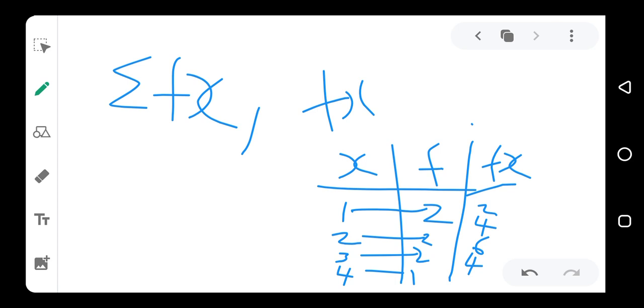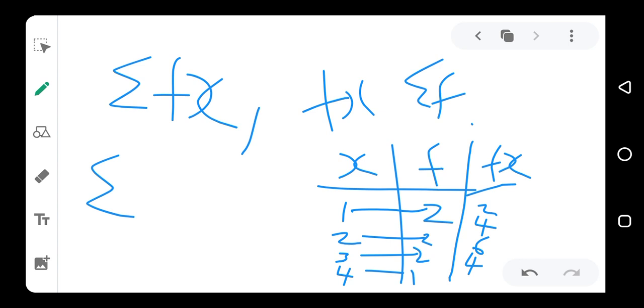Now to get sigma fx, we add all the fx. Sigma means summation. It means summation of fx, that is, you should add everything in the fx. And sigma f means you should add everything in the f.